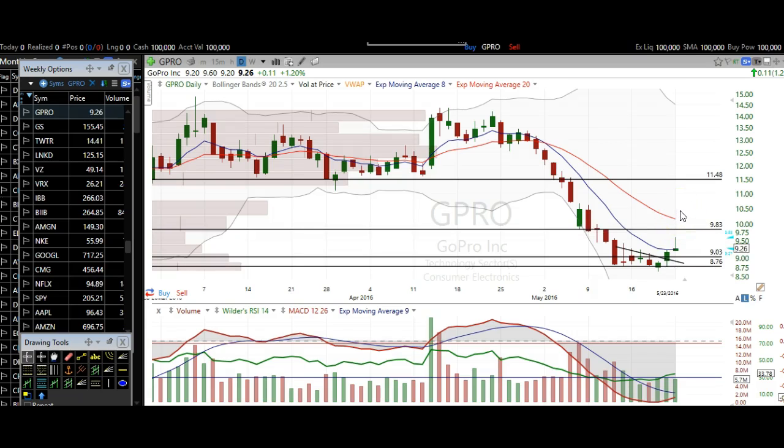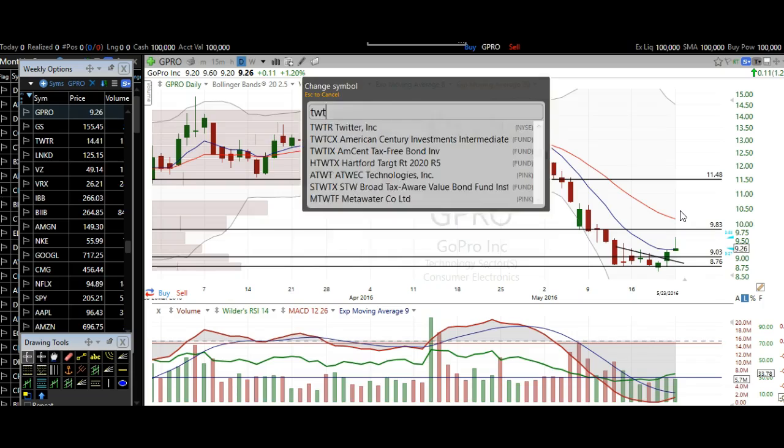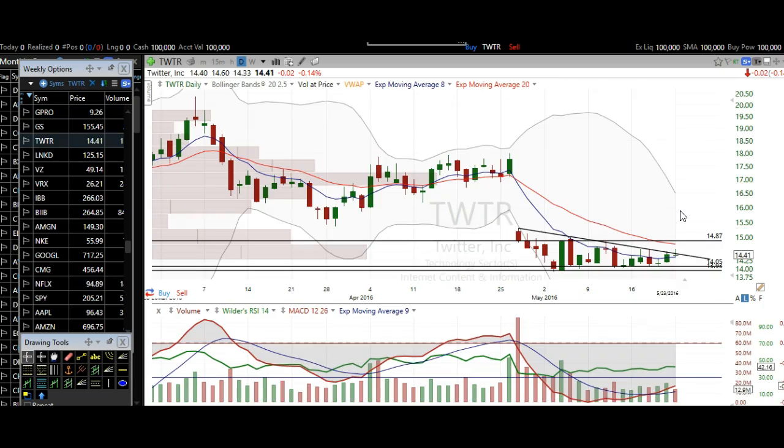Next, I want to cover Twitter. Twitter, same kind of look here. We've got that bullish MACD crossover. We've got this strong base right here. We're going to break over this downtrend line. It should head higher. And next resistance is right around 14.85 or so, 14.87.